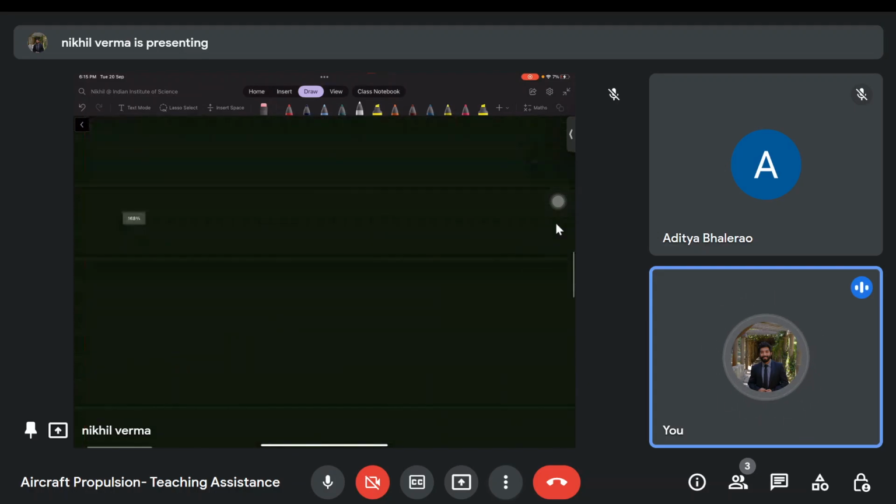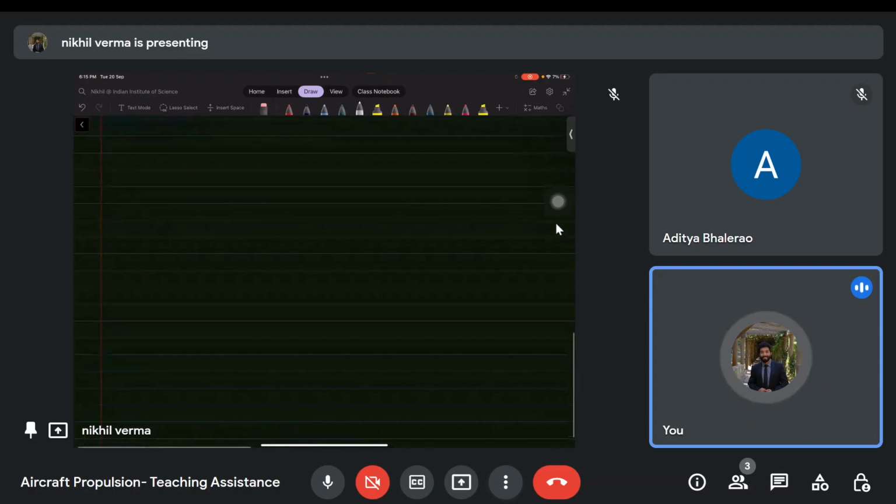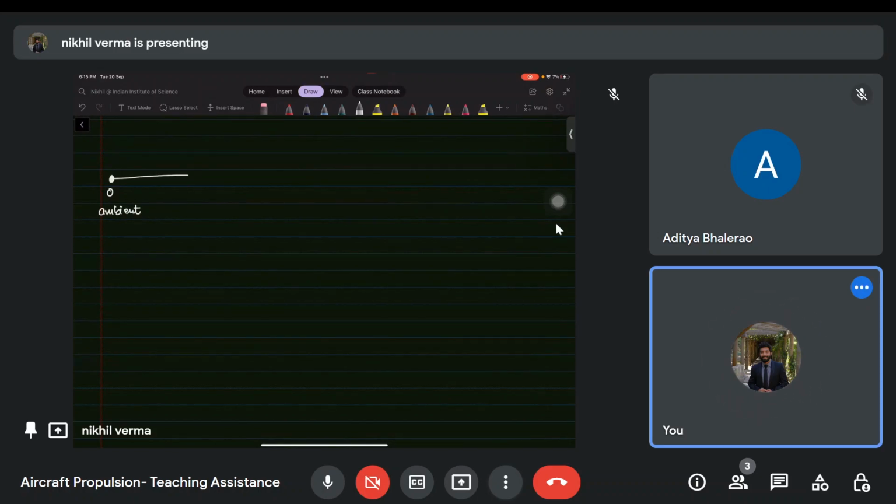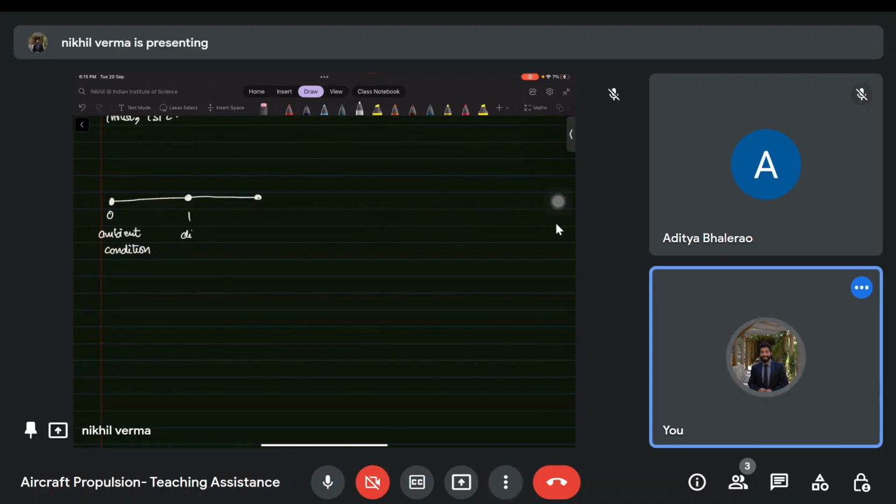For this, let us simplify our analysis, and let us define the stations. So zero signifies the ambient condition, and one signifies the condition at the diffuser.